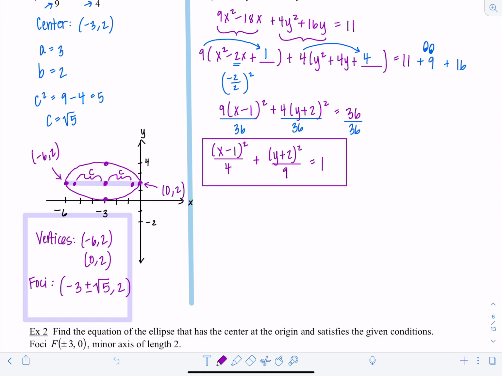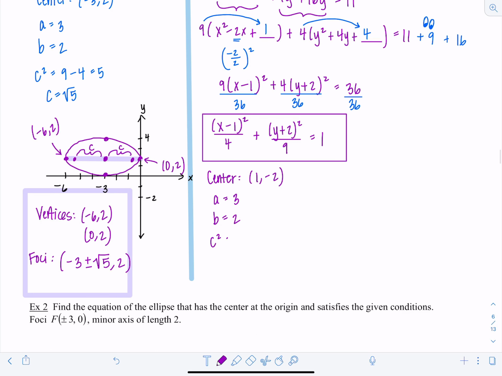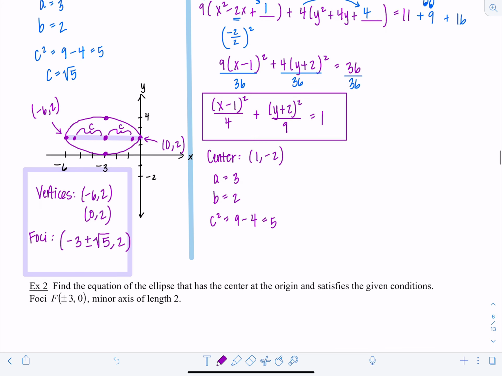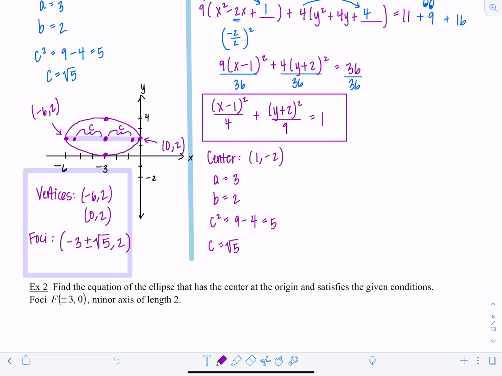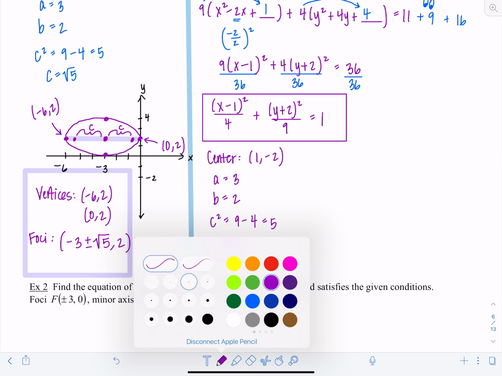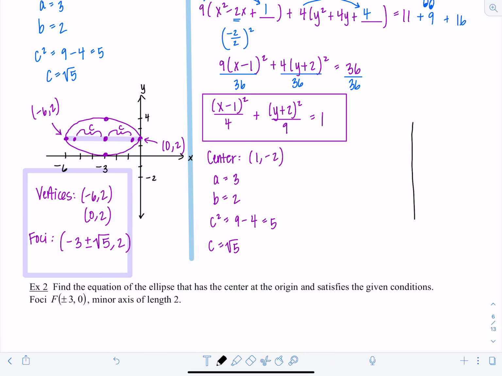Okay, so where's the center? Center is at (1, -2). A is equal to 3. B is equal to 2. And remember, c squared is a squared minus b squared, so it's 5 again, which means c is rad 5. Now this one, the major axis is going to be parallel to the y-axis, right? Since a squared was underneath y this time. Ooh, that's exciting.